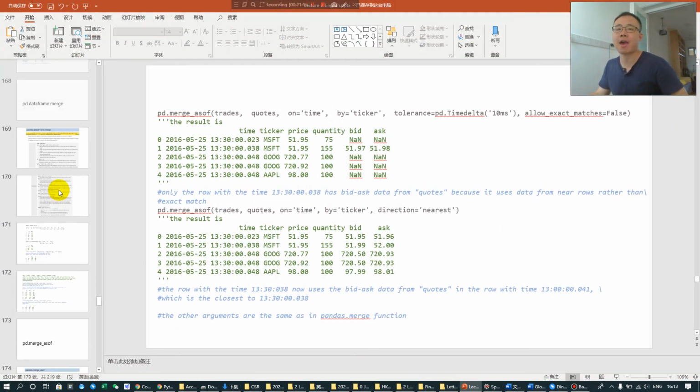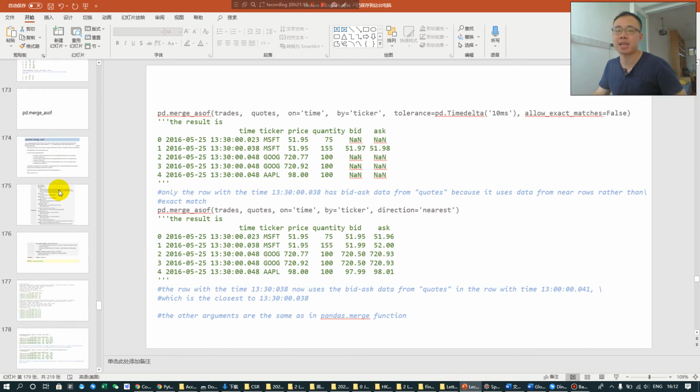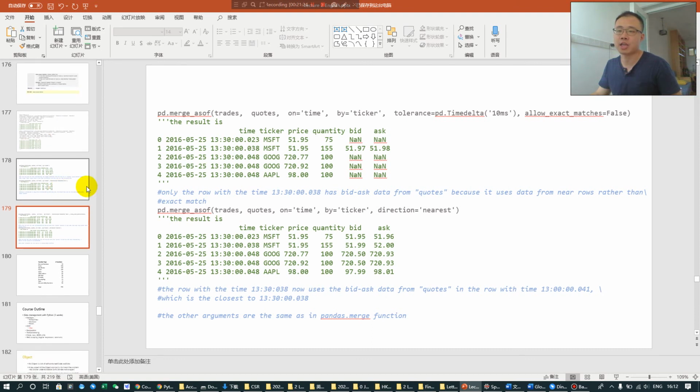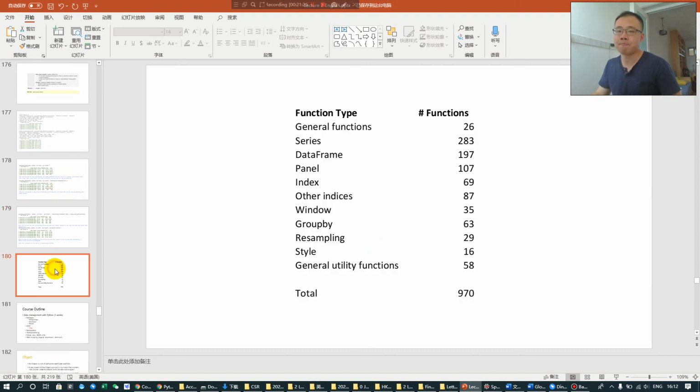So far, we have explained many very commonly used Pandas functions for data processing. We don't have time for all of them, but we will give you more examples or more videos in the future, if possible.